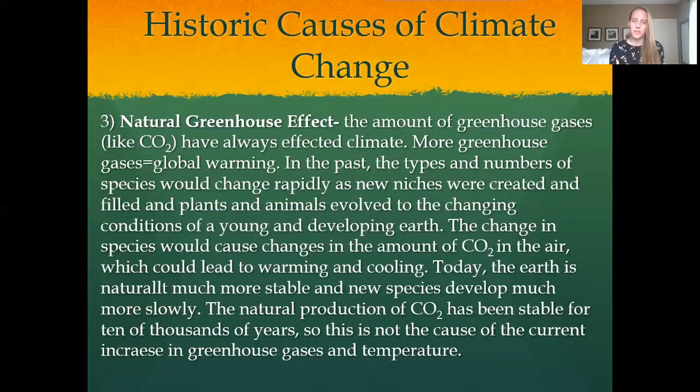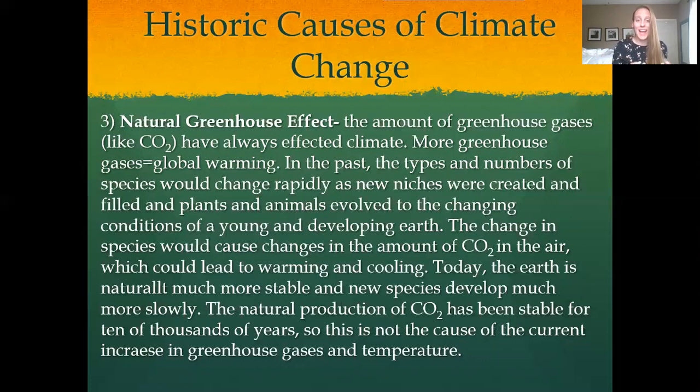So there were these fluctuations when you had entirely new categories of organisms evolving, which caused very natural fluctuations of carbon dioxide. However, carbon dioxide levels then became stable for tens of thousands of years because we don't have any new categories, like kingdoms and phyla, evolving.